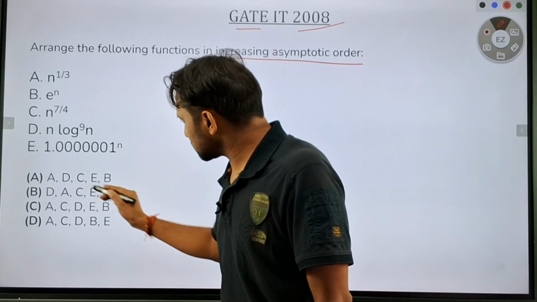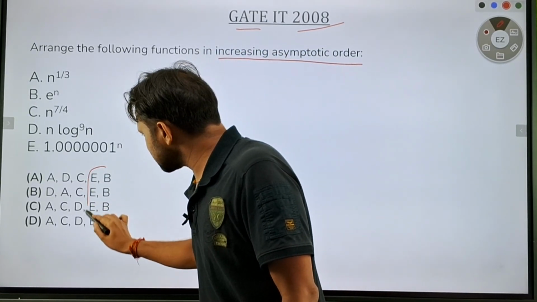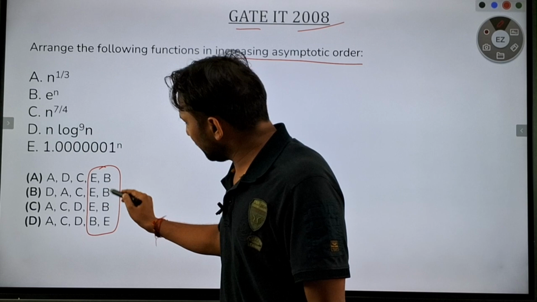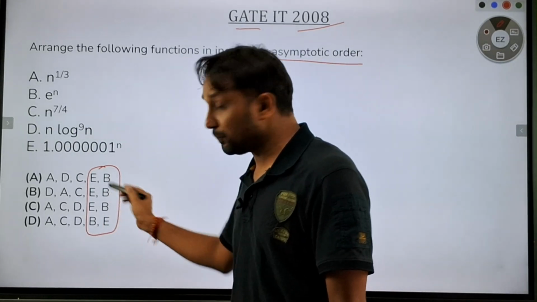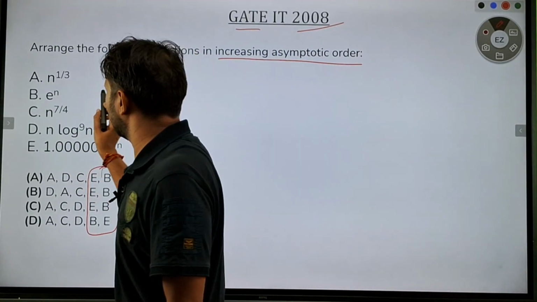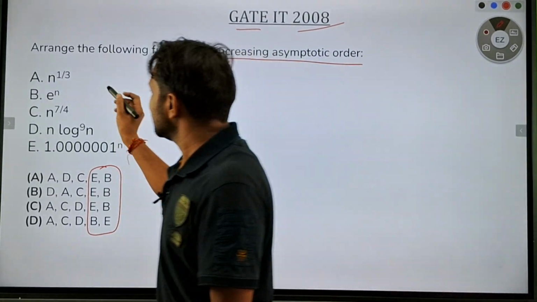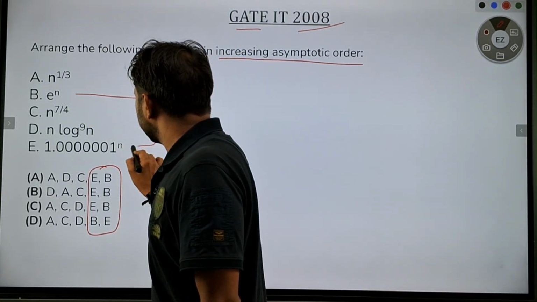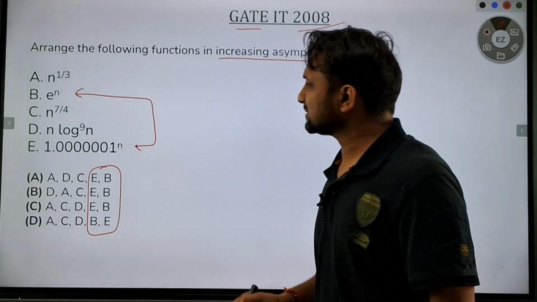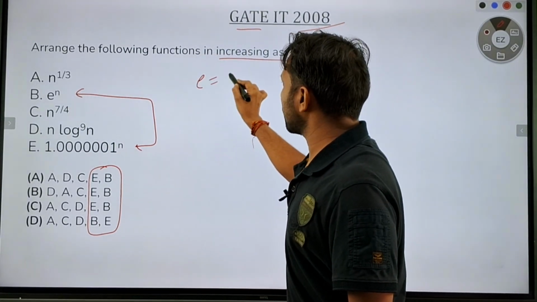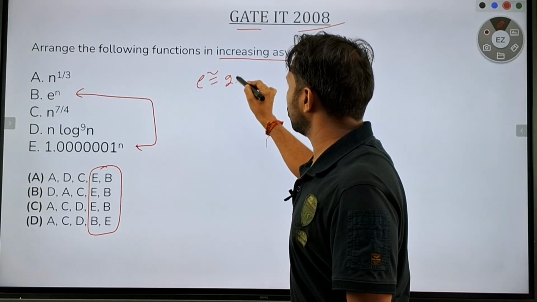If you notice the last two, we are comparing B and E in all the options. So let's compare B and E only. Based upon that, we can eliminate some of the options. E value is approximately 2.7.